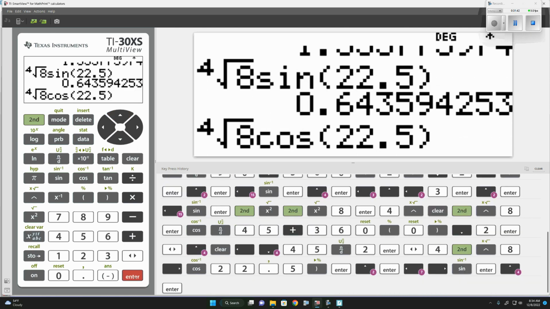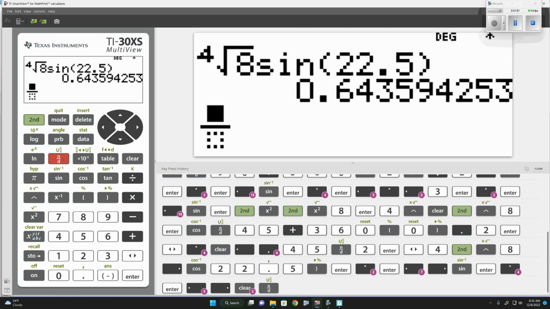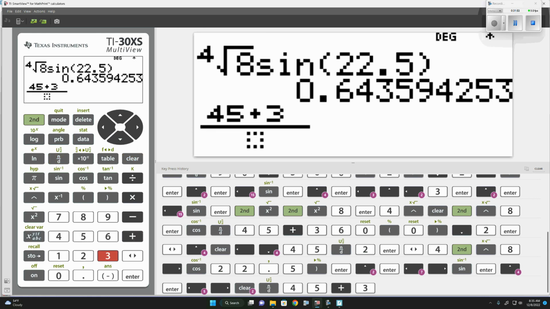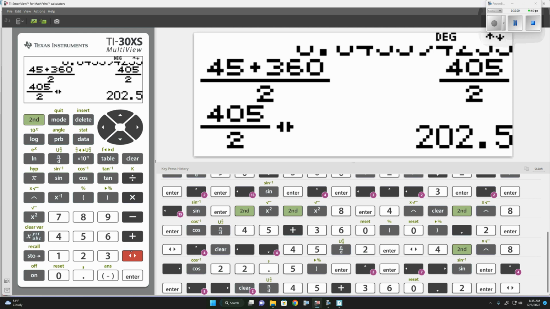Now, like most of y'all, if there's an easier way to do this, we can do it that way. Now, first thing it'd be good to do is get the angle, because we're going to do 45 plus 360 over 2, which is that there, or approximately 202.5.